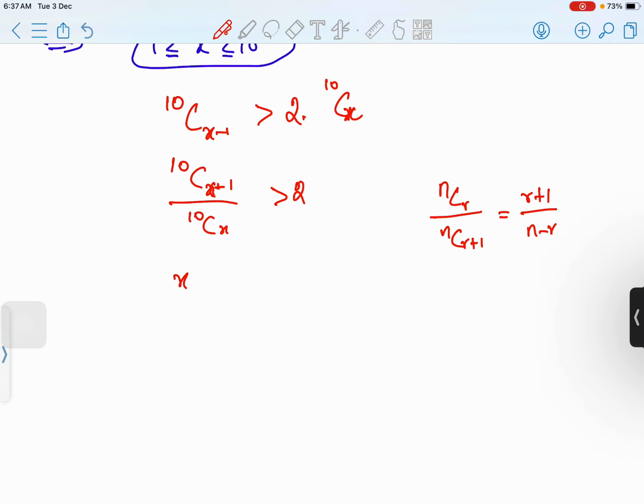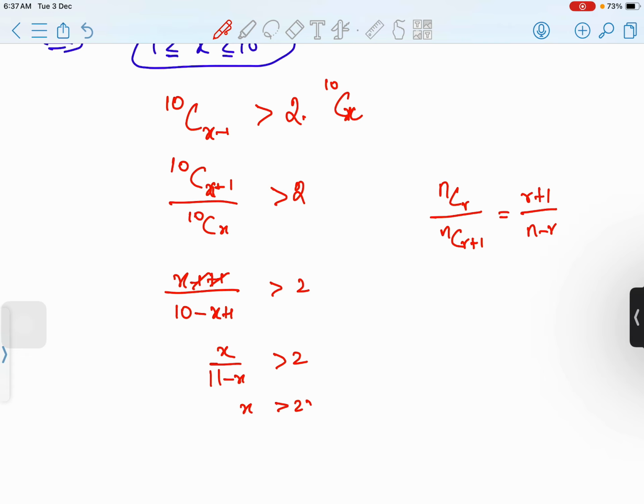Here you will get x minus 1 as your r, so that plus 1, divided by 10 minus x plus 1, greater than or equal to 2. This and this cancel, so you will get x by (11 minus x) greater than or equal to 2.